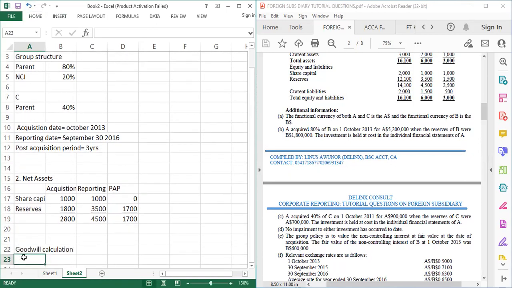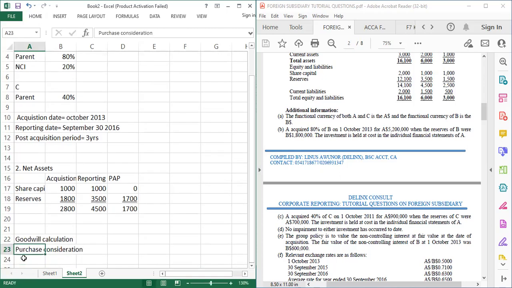Goodwill calculation is what? We start with the purchase consideration, the amount that we are paying, and then the difference will be the goodwill. Okay. So how much are we paying for them? 5,200.